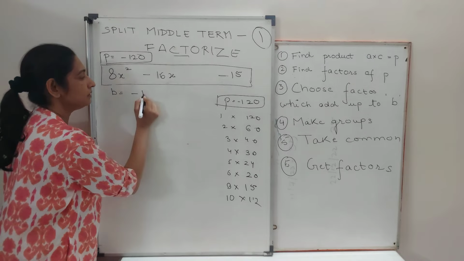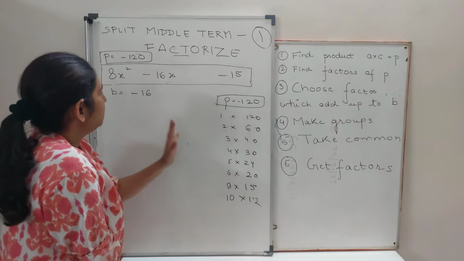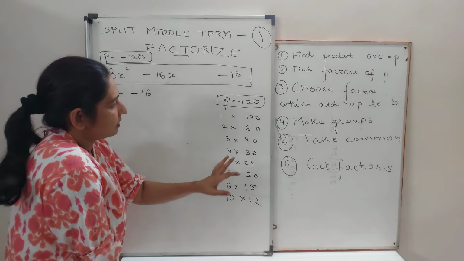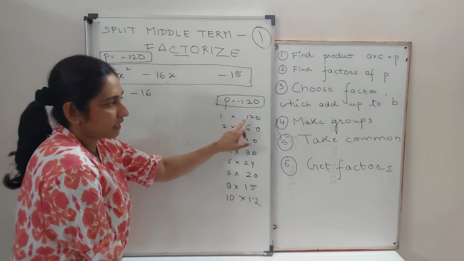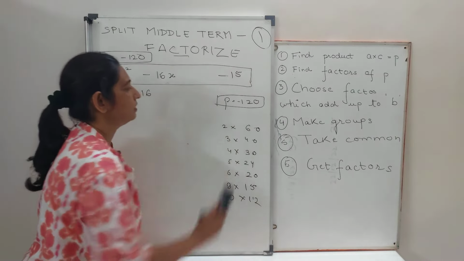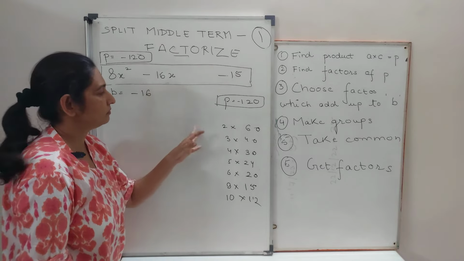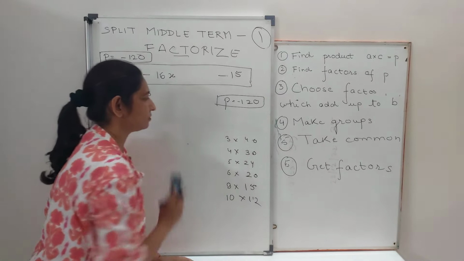B is minus 16. अब इसमें से हमें चूज करना है जो हमें 16 दे सके, माइनस 16 दे सके, ऐड करके या सब्ट्रैक्ट करके. ऐड करके 16, सब्ट्रैक्ट करके 16 नहीं, आउट, गेट आउट. ऐड करके 16, सब्ट्रैक्ट करके 16, नो, गेट आउट.